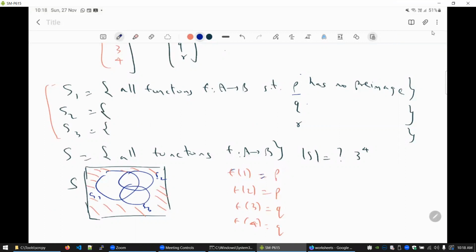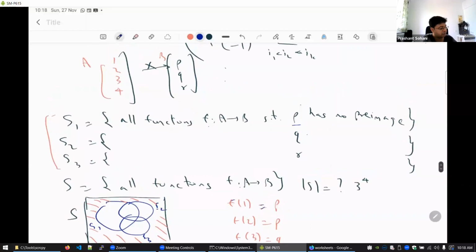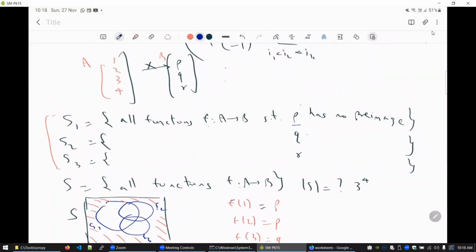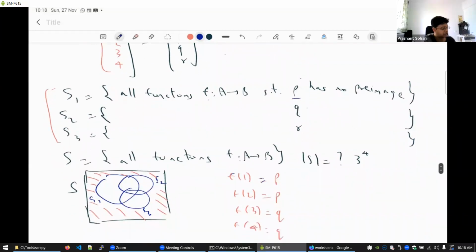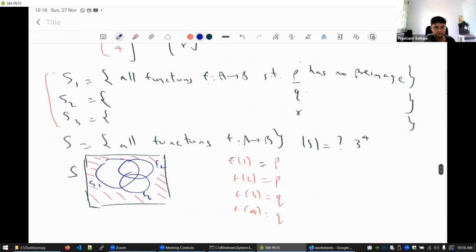So, can you repeat what S1 is again? S1 is all functions F going from A to B where the first element, what I said, P, has no pre-image. Oh, okay, yeah. So which of the 3 sets will this function belong to? It'll be S2. S3.